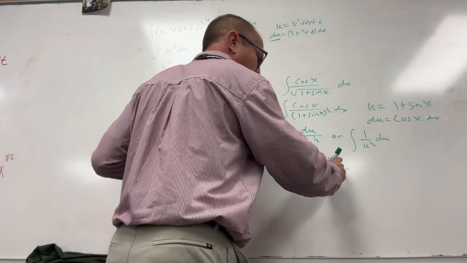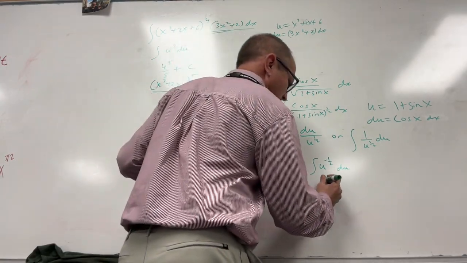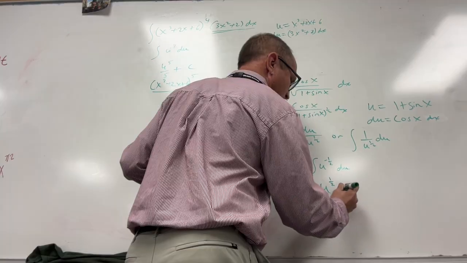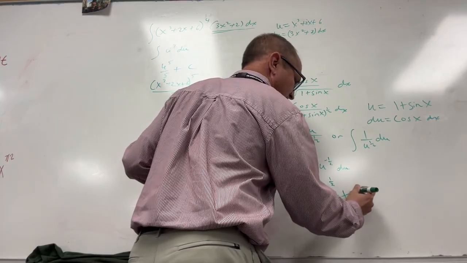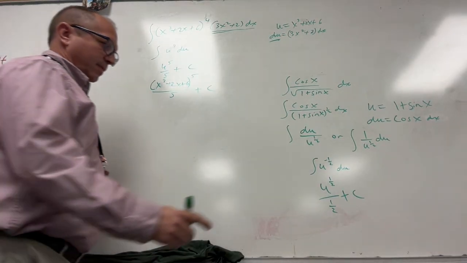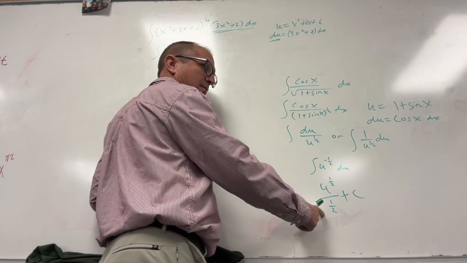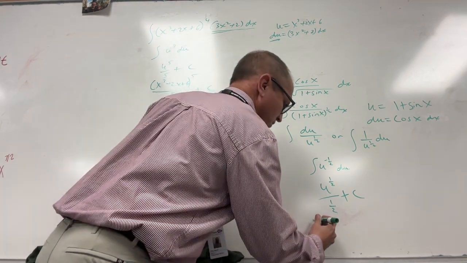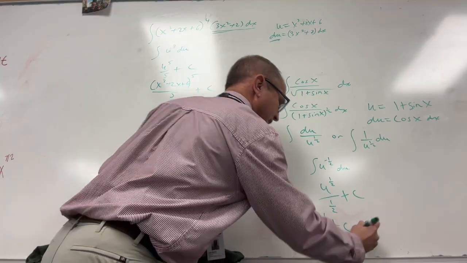Very good. Remember, what's negative 1/2 plus 1? 1/2. So it becomes u to the 1/2 over 1/2 plus c. And if I divide anything by 1/2, it's the same thing as doing what? Multiplying by 2. So it's going to be 2u to the 1/2 plus c.